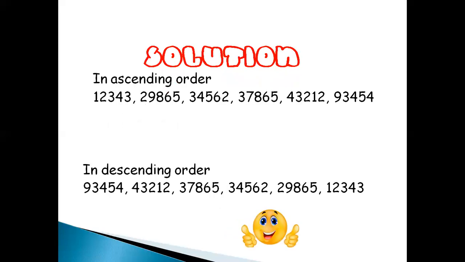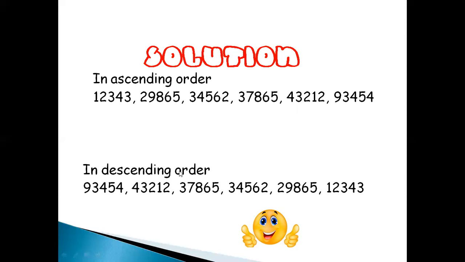Okay, so in ascending order, remember that ascending order means from the smallest to the biggest. So in ascending order, I'm going to have 12343 first, and then I'll have 29865 next, and then I have 34562, 37865, 43212, and finally 93454.